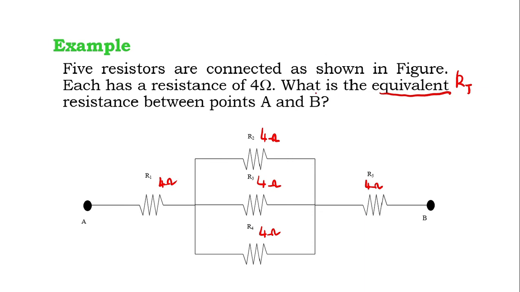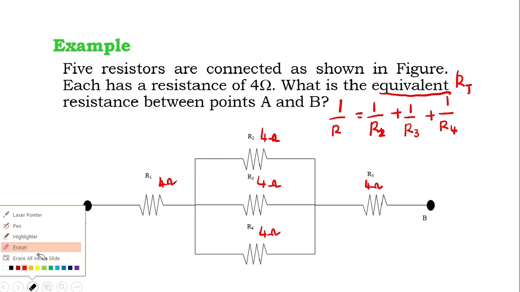Okay, so paralel maksudnya 1 over R total sama dengan 1 over R2 plus 1 over R3 plus dengan 1 over R4. Kita belum kira R total.